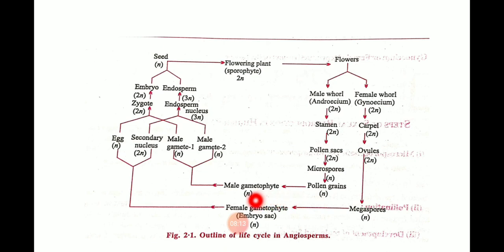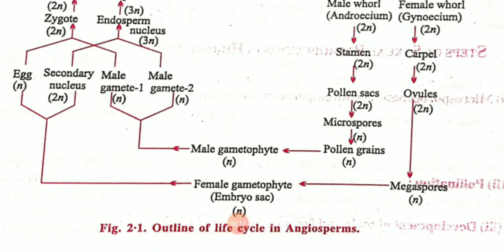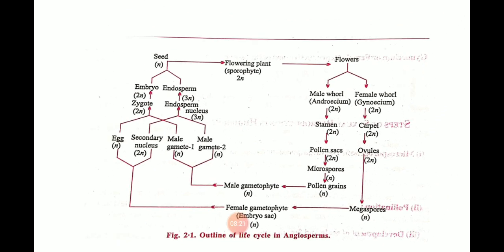The fusion of this male gametophyte, microspore, and megaspore, the female gametophyte, leads to the formation of egg, secondary nucleus, male gamete 1 and male gamete 2 from the male gamete and female gamete respectively.